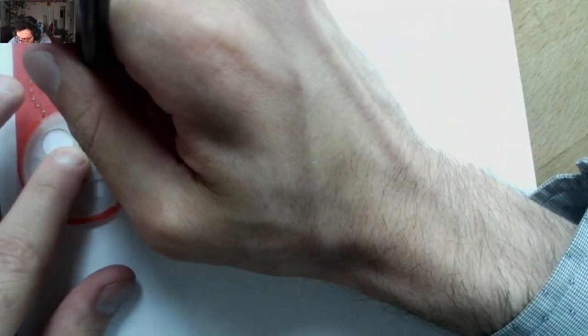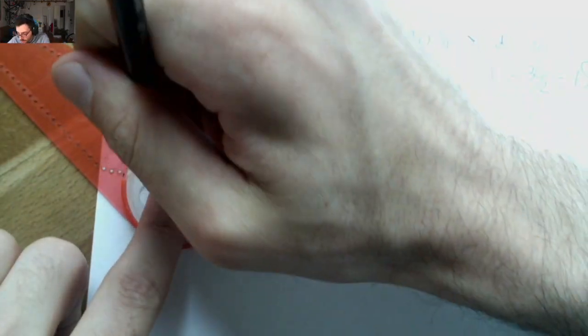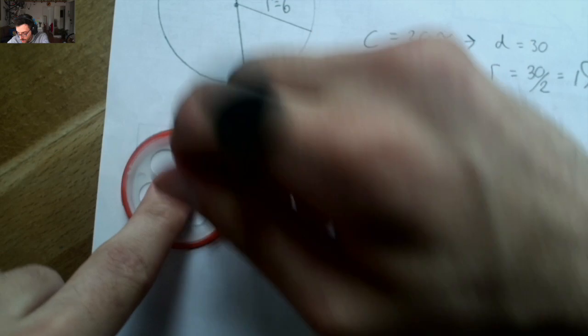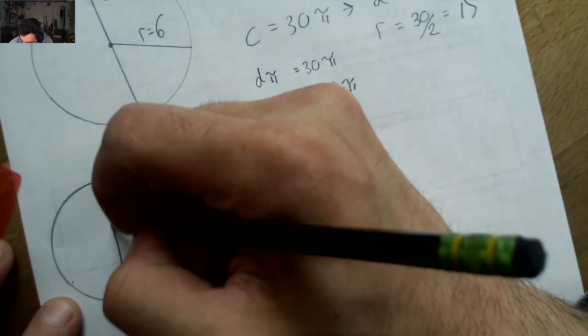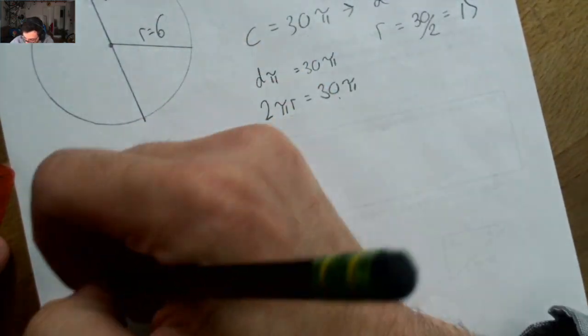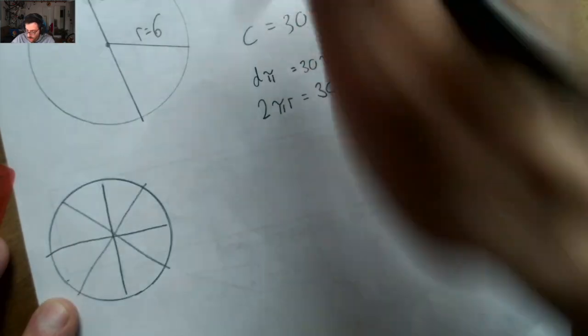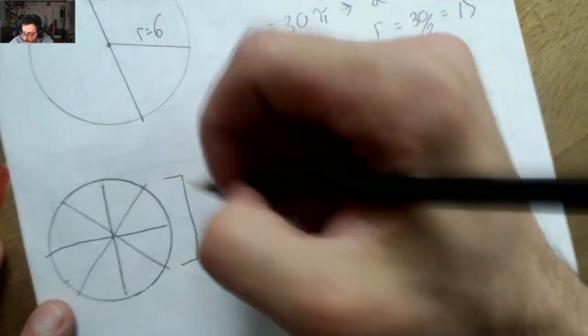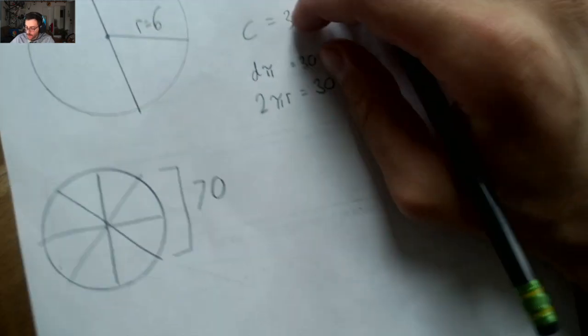But we're just going to compare two circles right now. The question I got when I was all your age, we had two tires, like bicycle tires, say. One had a diameter of 70, the other had a diameter of 50.